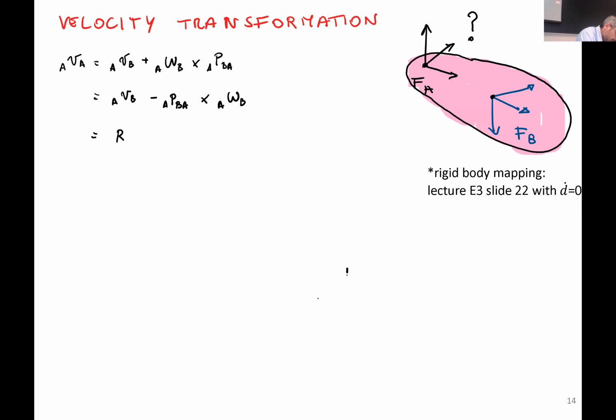We want to express the velocity of point B in frame B. And with the rotation matrix, so first let's use the skew symmetric matrix to represent the cross product in a linear way.